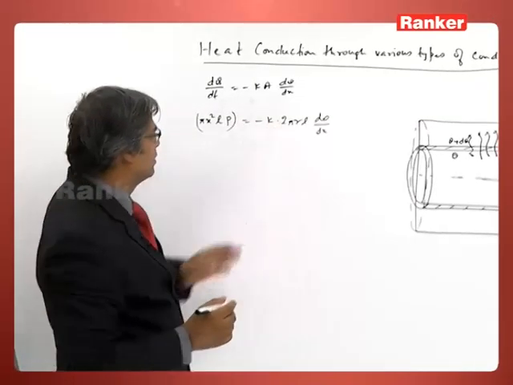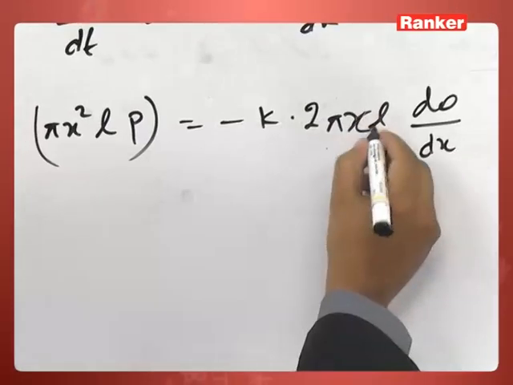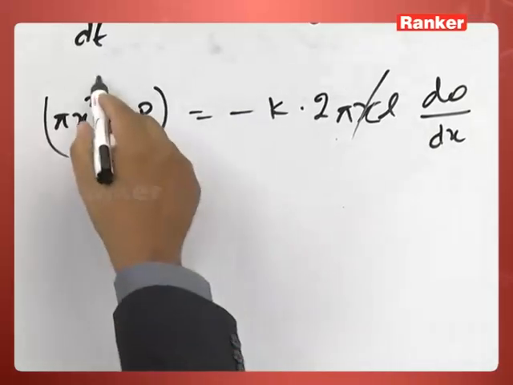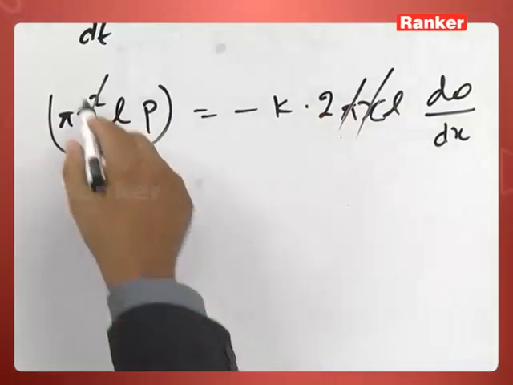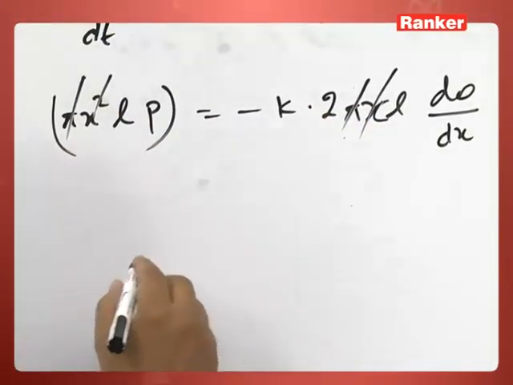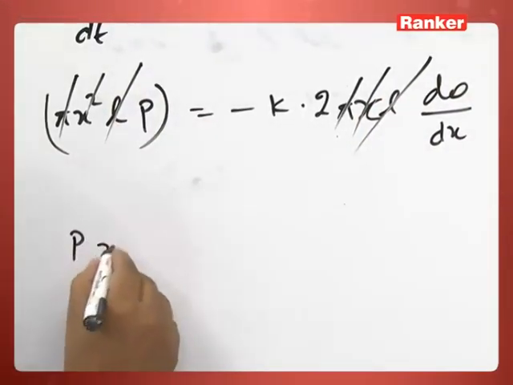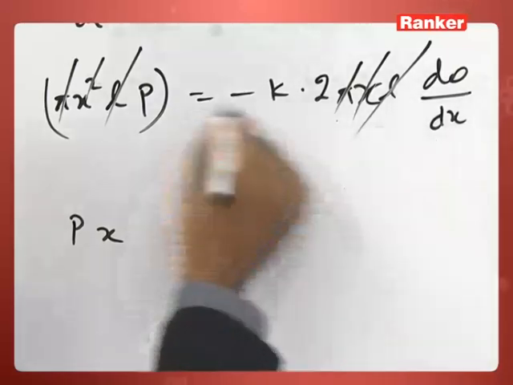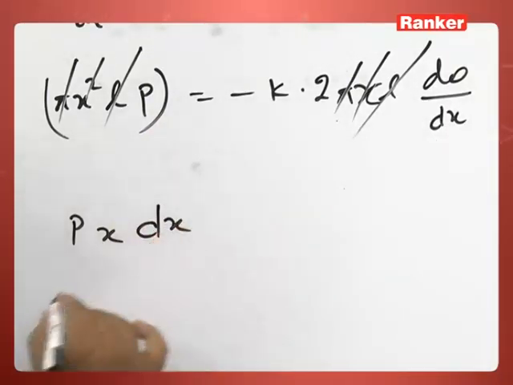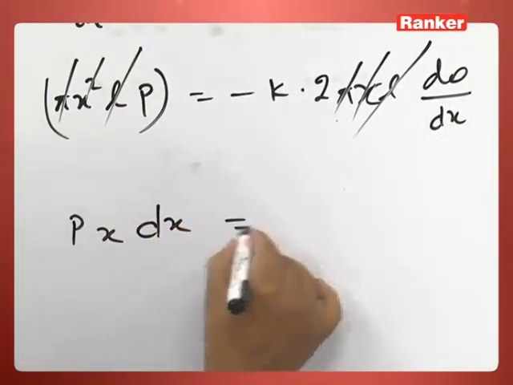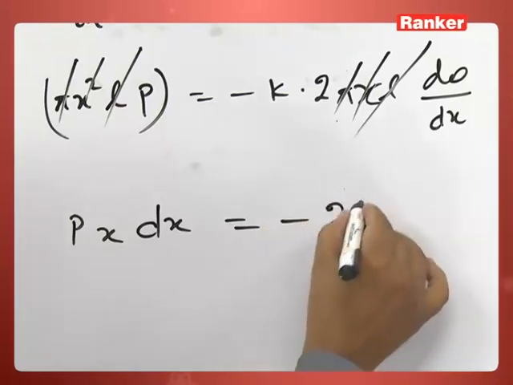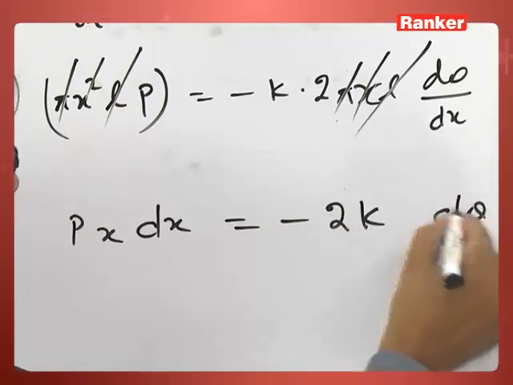Now, this pi and this pi cancel, and this L and this L cancel. So, here P into x dx will be minus 2k d theta.